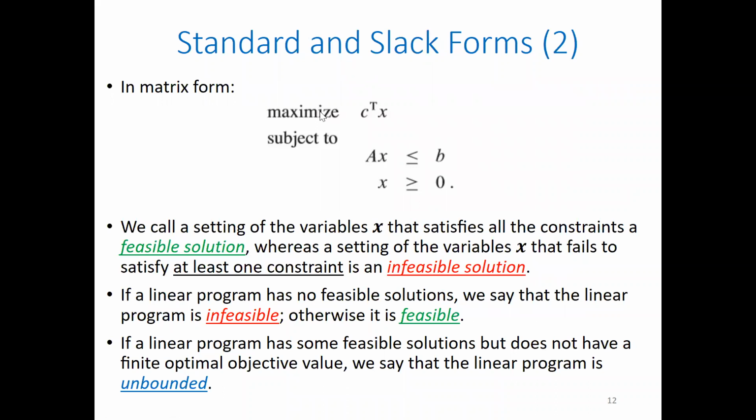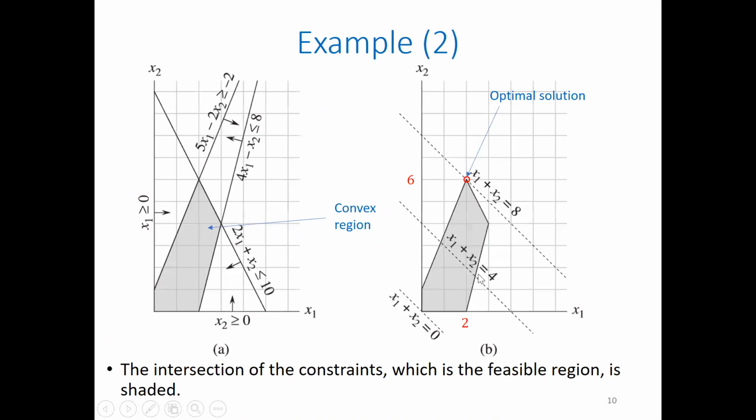If we go back over here and assume that this constraint, 2x1 plus x2 less than or equal to 10, does not exist, and let's say these two lines are not in this direction. Let me draw a graph for you.